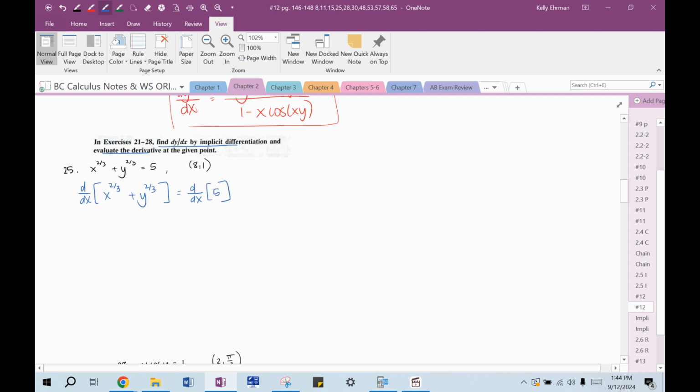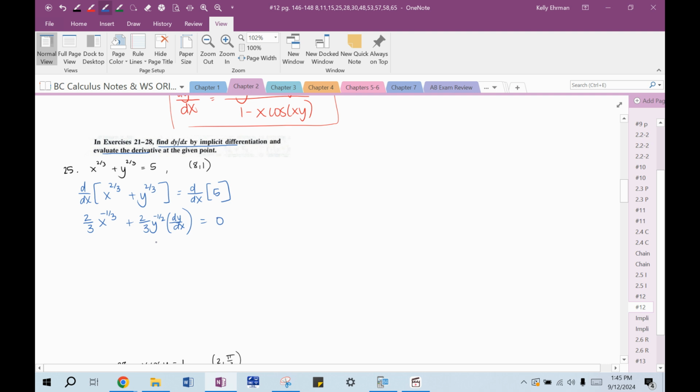So I take the derivative of both sides. The derivative of x to the 2/3 is 2/3 x to the negative 1/3. The derivative of y to the 2/3 is 2/3 y to the negative 1/3 times dy dx. And that's equal to 0, which is the derivative of 5.